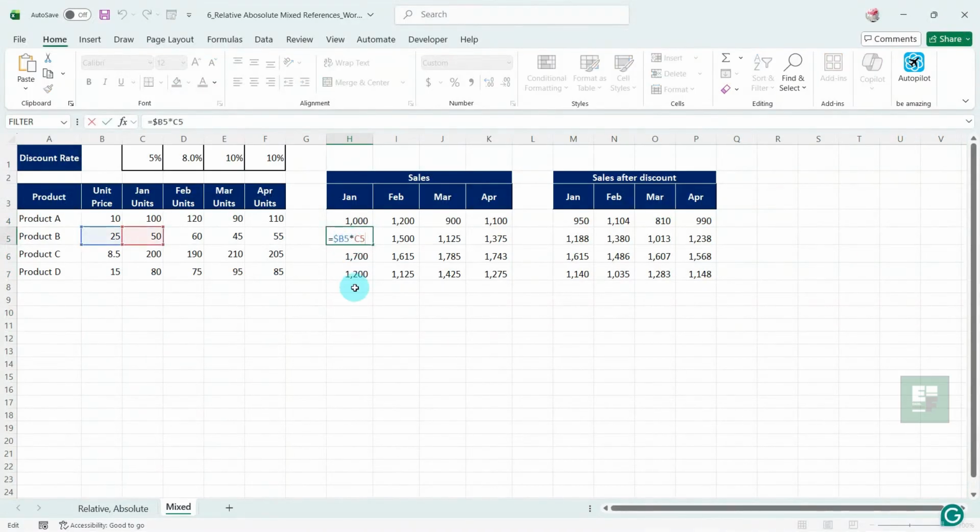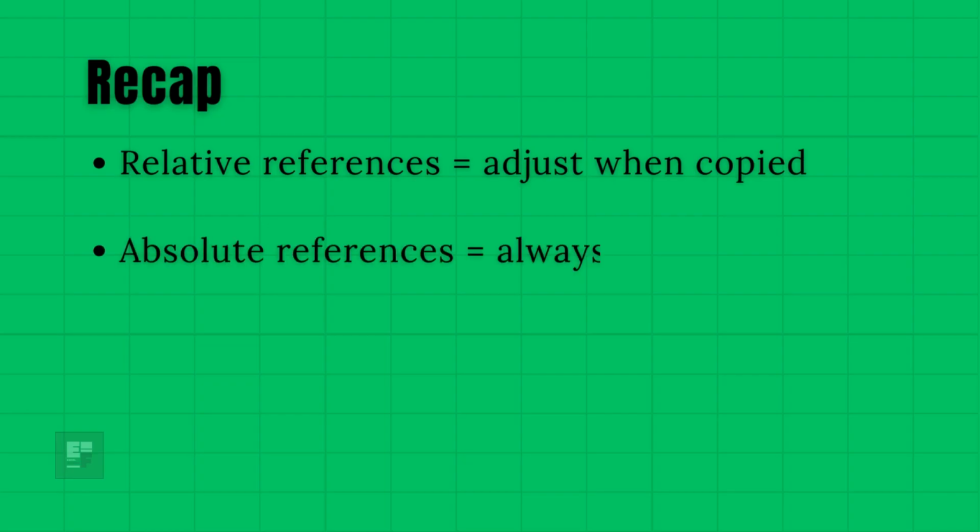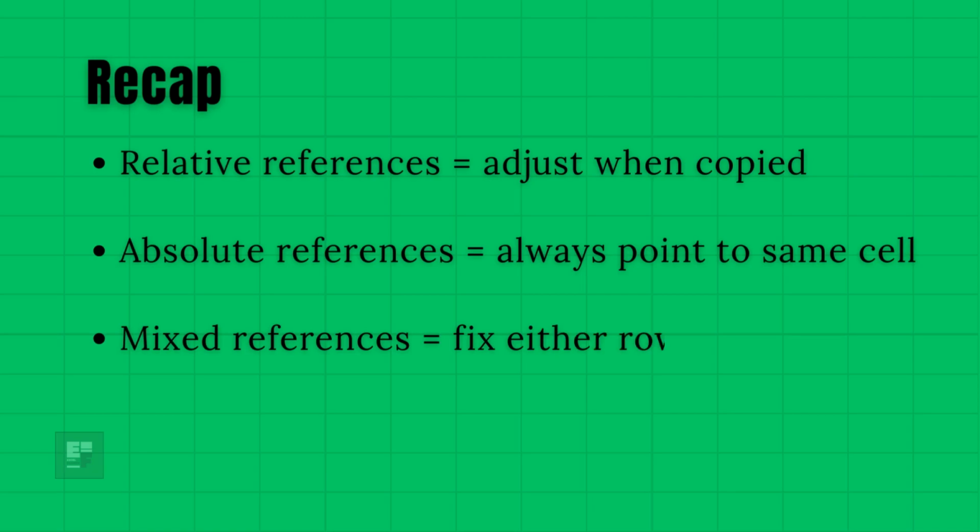Those should remain relative. Okay, let's recap quickly. Relative references adjust when copied. Great for row-by-row or column-by-column repetition. Absolute references always point to the same cell. Ideal for constants like tax, exchange, etc. Mixed references fix either row or column.